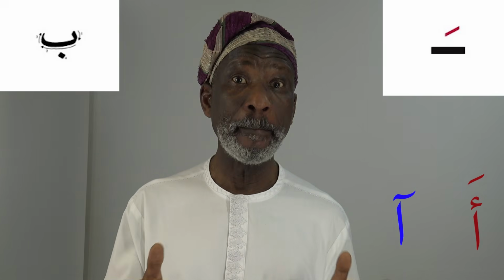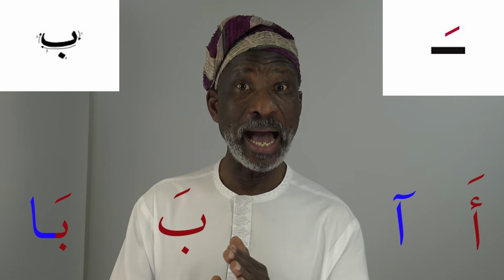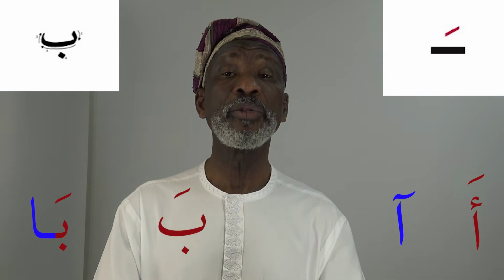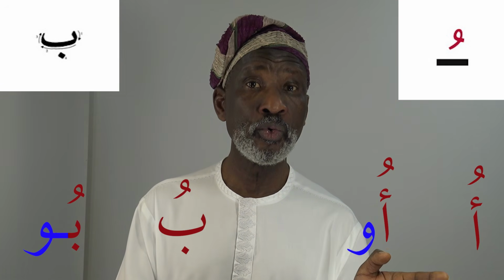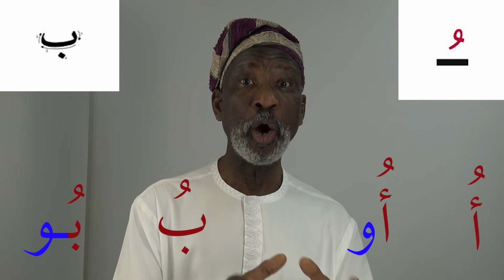The Ba, we say "ba," short, and then "baa," we put Alif there. We're going to do now the U sound. Alif with the Damma, "u," short vowel. We put the vowel in front of it, becomes now lengthening, "oo." The same thing with the Ba. We put Damma, "bu," and with the vowel, becomes "boo." Okay. We've done short vowels and long vowels.